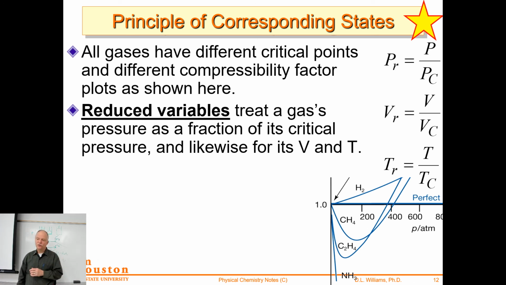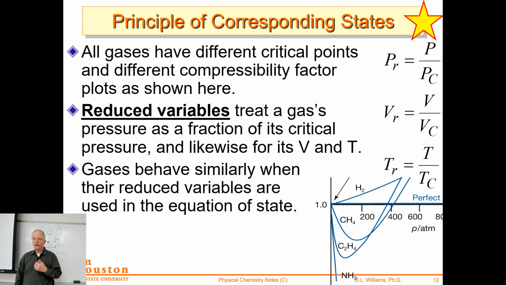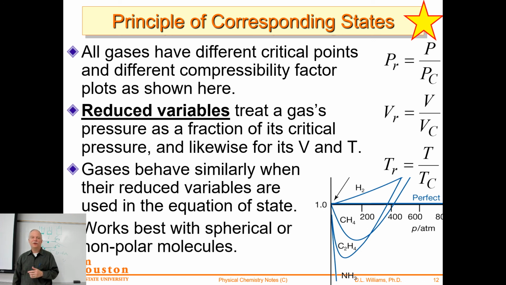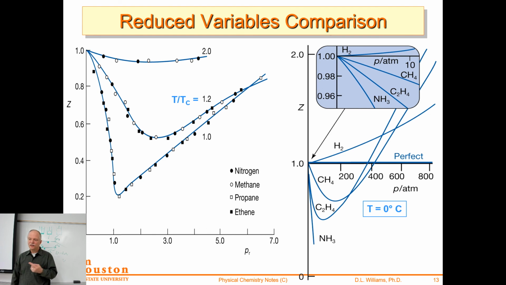And this is the principle of corresponding states, that if we take these, we call them reduced variables or unitless variables, we take pressure over PC, volume over VC, and temperature over TC, then the gases behave similarly. So if we take that compression factor plot and we plot all the gases with their reduced variables and not their actual temperatures and pressures, then they fall on the same plot. And so this is absolutely amazing. So look at this plot on the left.